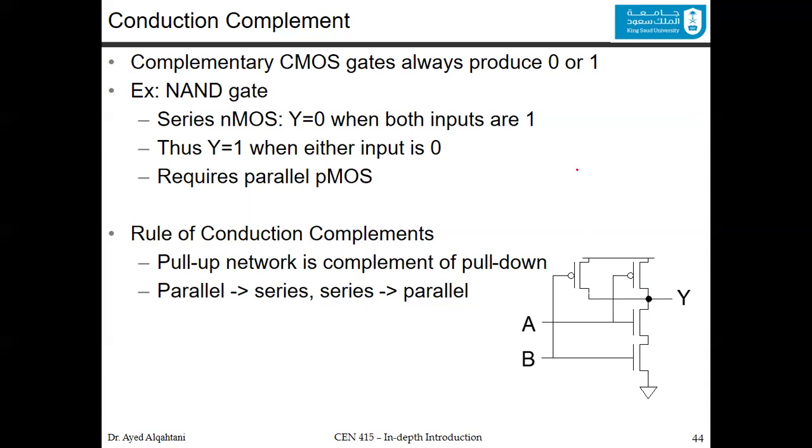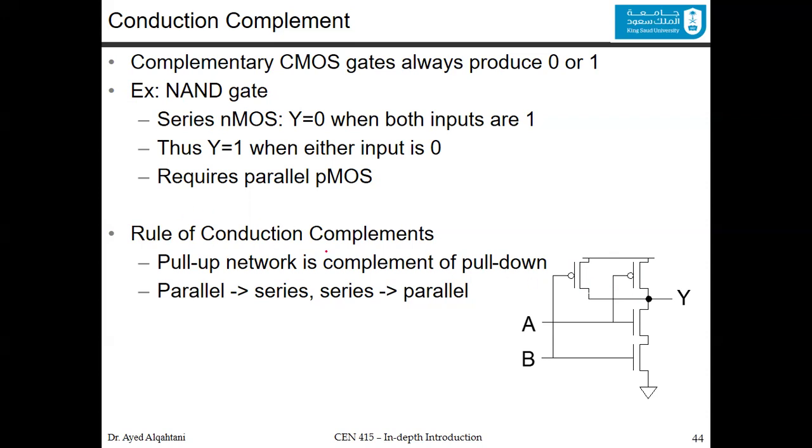As an example, in the design of the NAND gate, we have series NMOS transistors in the pull down network, and we have a parallel arrangement, the duality, in the pull up network, which is the PMOS.